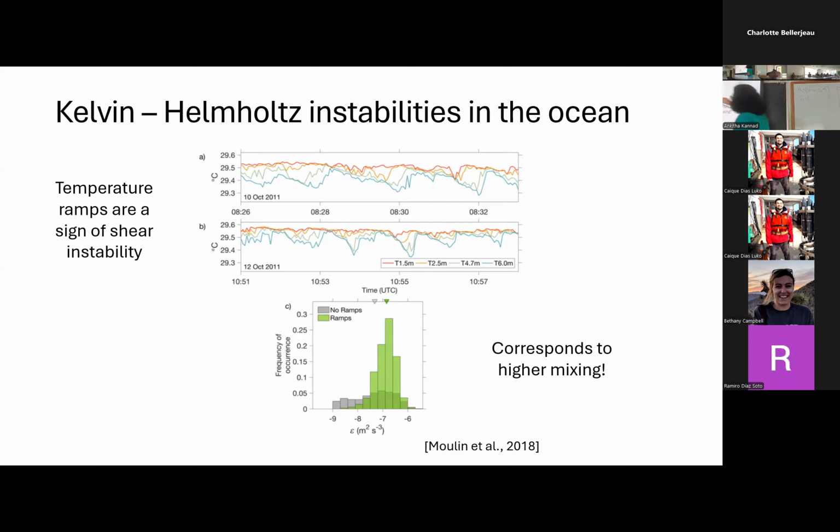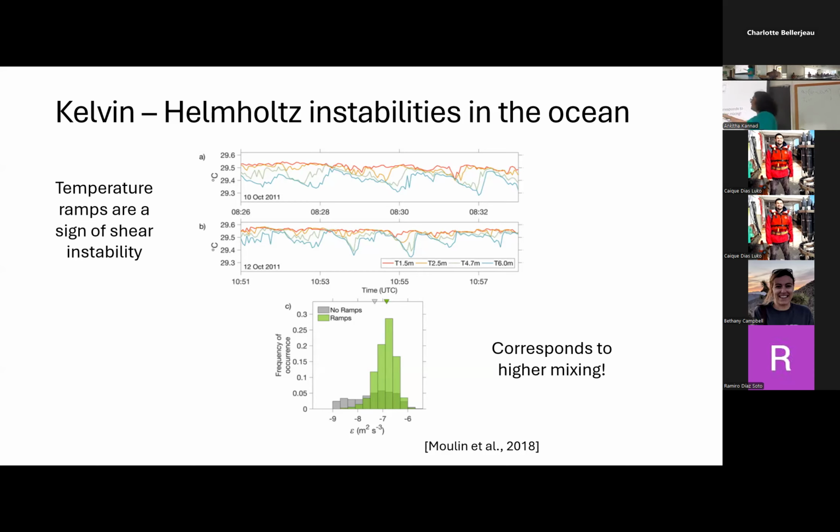This is over time, just a few minutes really. And you can see this gradient forming and then things collapsing as it mixes and it all becoming one temperature. At different depths, you see this gradient forming and then mixing away. And that's a sign of shear instability as well, something we could look for on the cruise.